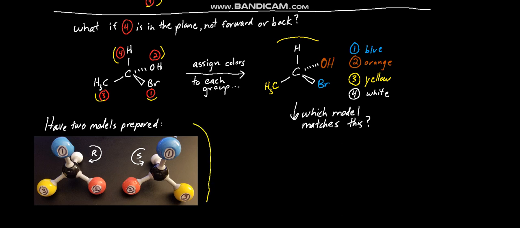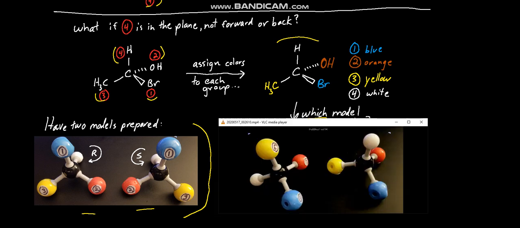Build a pair of models, one R, one S. You can label them this way. You can make models if you don't have them, make them out of something, straws or whatever. Okay, now you've assigned the colors. The question is, which model matches what we see up here?